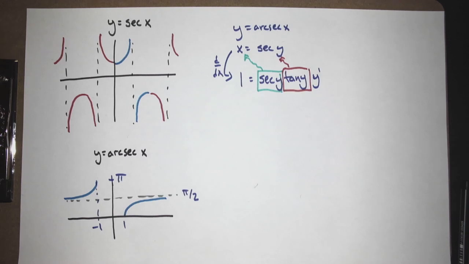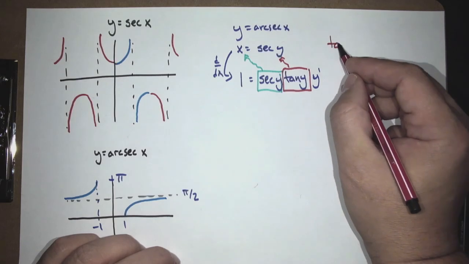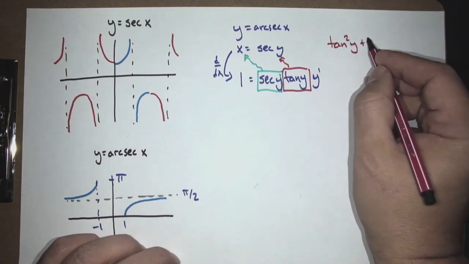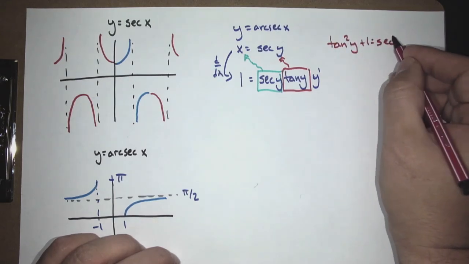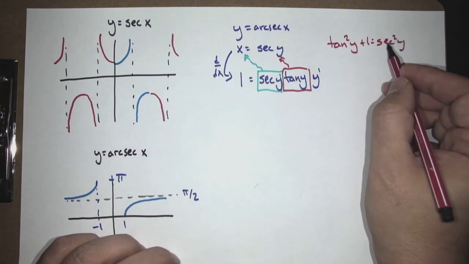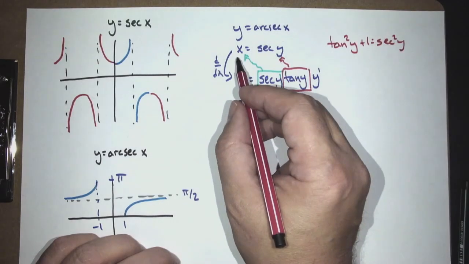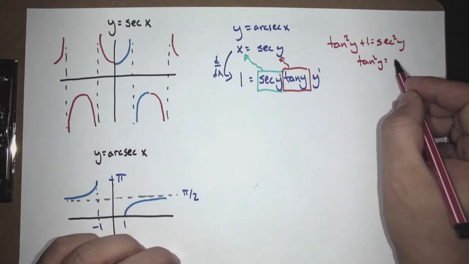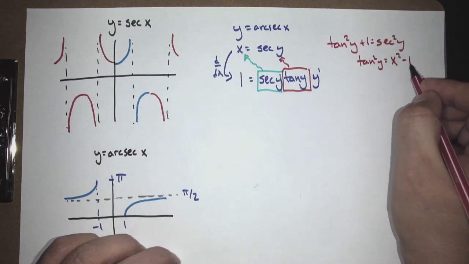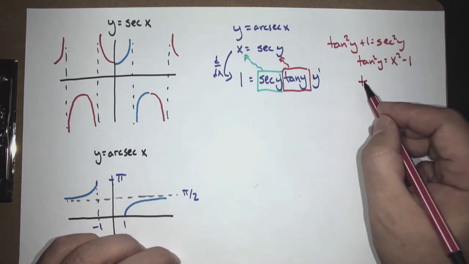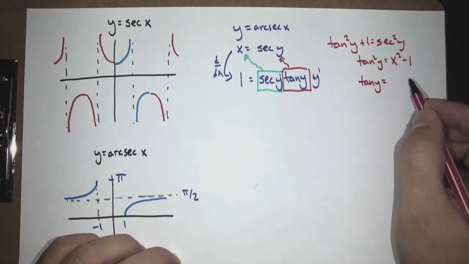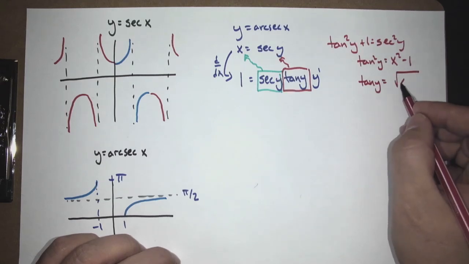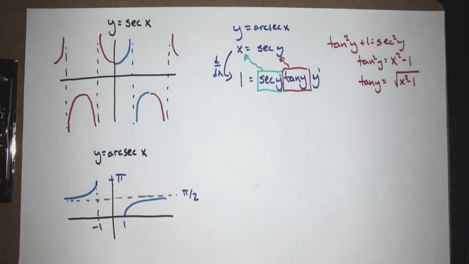Something that we talked about a few minutes ago. Tangent squared plus 1 equals secant squared. But secant squared becomes x squared. So tangent squared y is equal to x squared minus 1. So tangent of y is square root of x squared minus 1.